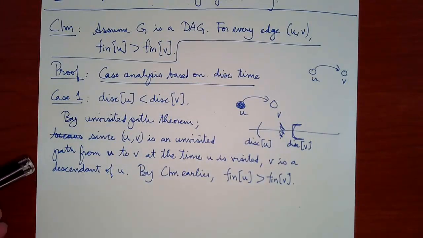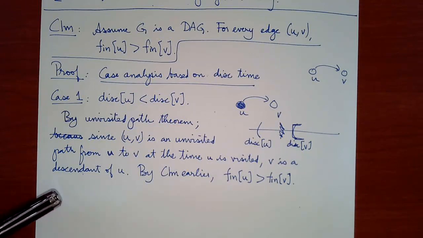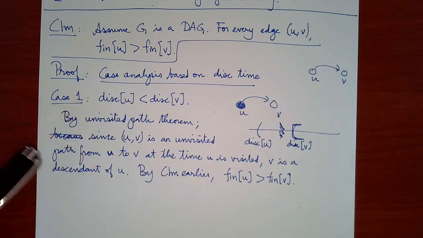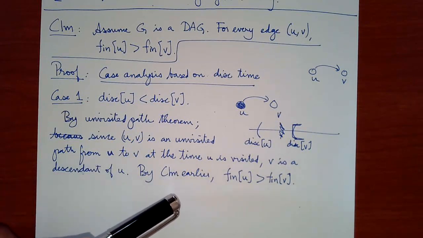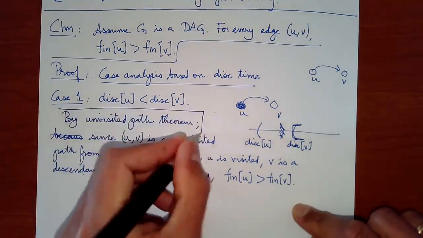We're using the theorem. Logically it makes sense to me, but the sentence that says since UV is an unvisited path from U to V at the time U is visited, V is a descendant of U, doesn't make sense at all.